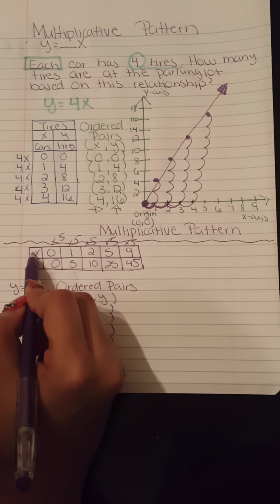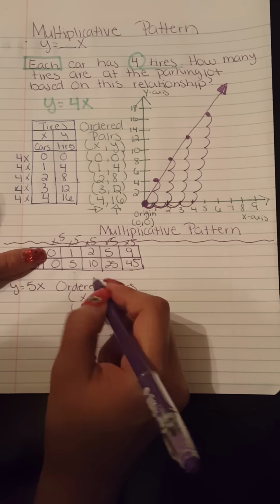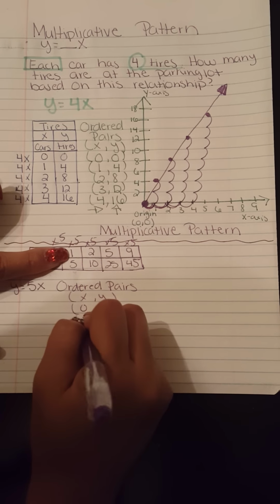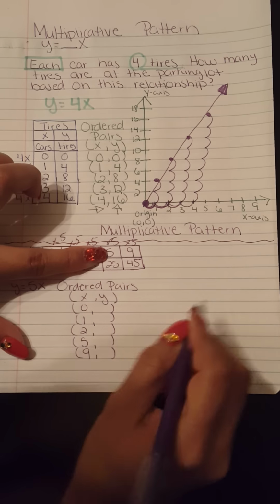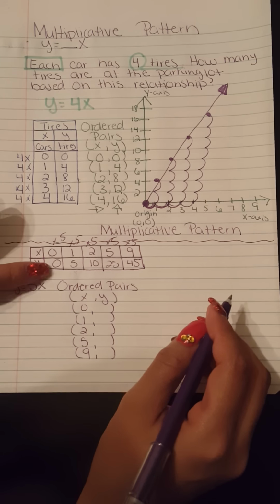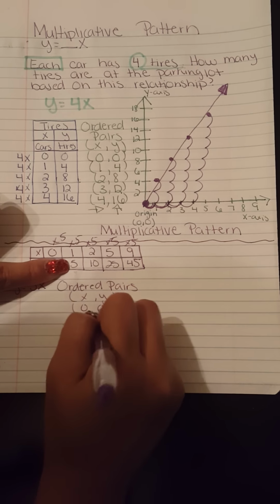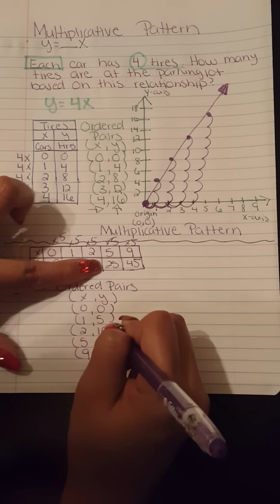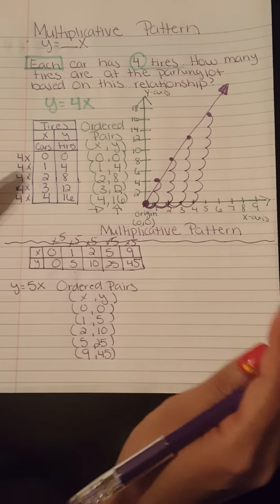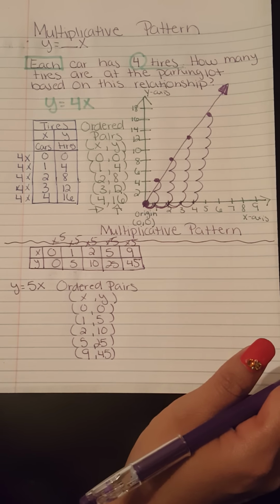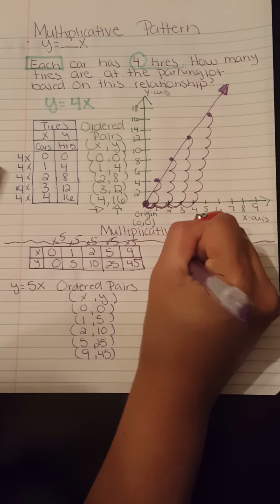I can just go to my x column and write down all the values for my x here: 0, 1, 2, 5, and 9. And then I'll write the y values next: 0, 5, 10, 25, and 45. And now that I have my set of ordered pairs, I can go ahead and create my graph.